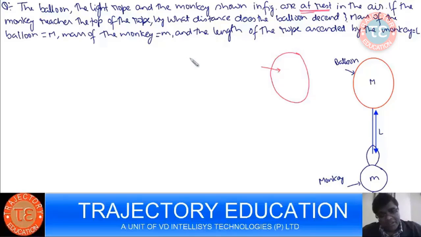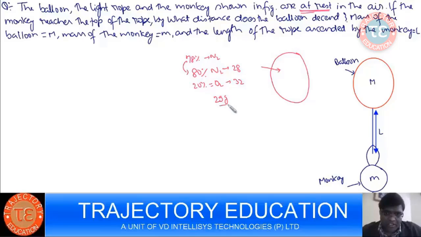Roughly, you have 78% nitrogen, but let's round off to 80% nitrogen, for a rough calculation, and 20% oxygen. Nitrogen has molecular mass 28 and oxygen has molecular mass 32. So (28 into 4 plus 32 into 1) upon 5 should be near about 29 grams.